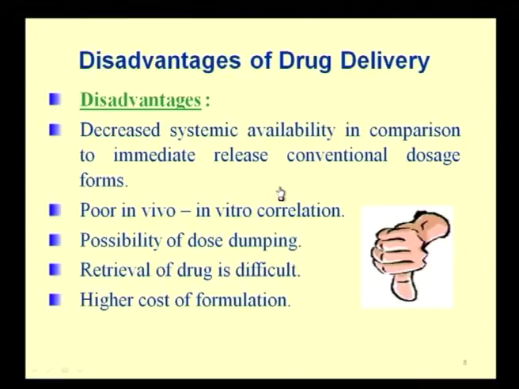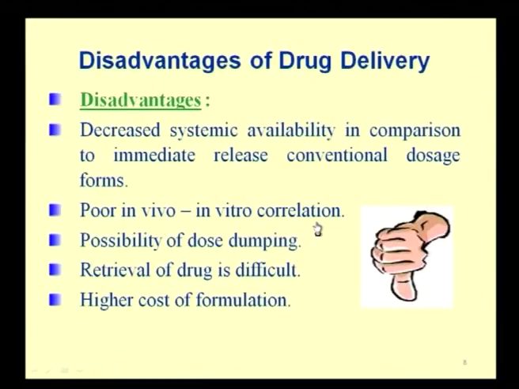In the traditional methods, when there is an immediate requirement for a drug, you can immediately give it and it is going to get into our body, whereas here there is no situation where you are putting the drug in a wholly concentrated form. So, there is decreased systemic availability when compared to the normal conventional traditional method of supplying the drug into the body.